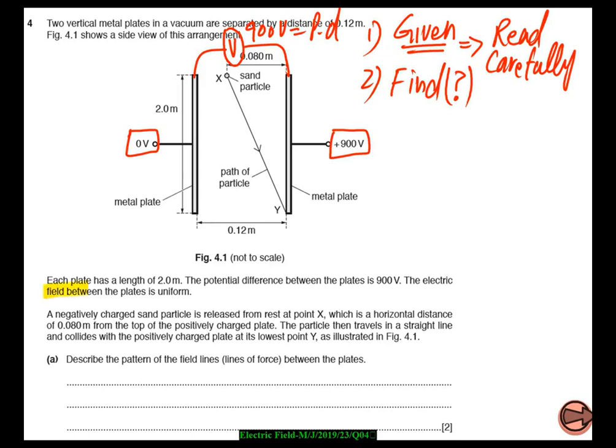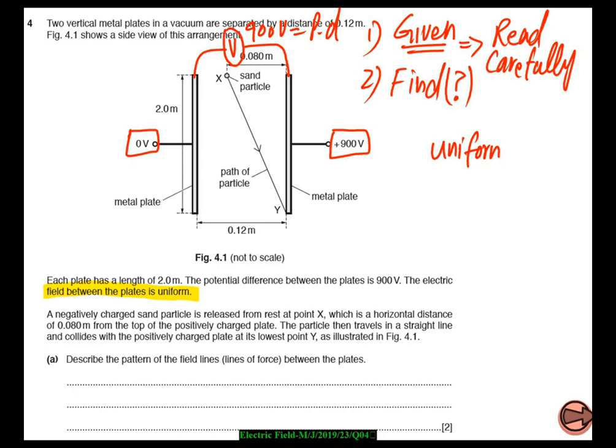Now, if we read this part of the question, we will find out this field is a uniform field. So what does uniform mean? Uniform field simply means E is the same everywhere in the field.